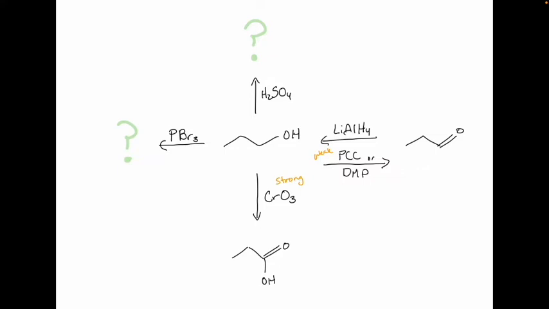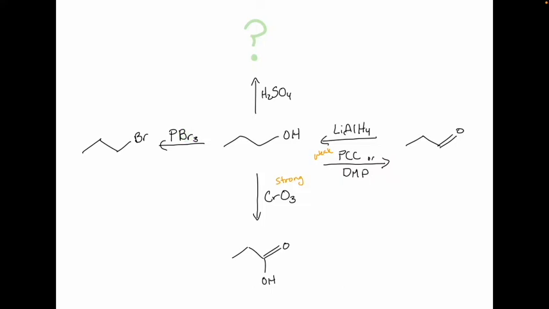What the heck did PBr3 do? It does, yes. So we get what's called a substitution reaction. So yes, we swap out that OH group for a bromine. Again, kind of context clues here, that bromine in there.